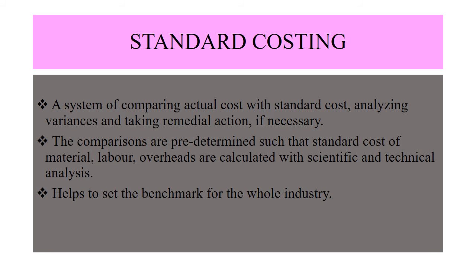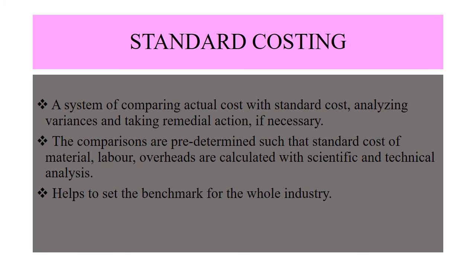Standard costing. Through standard costing, a comparison is made of the actual cost with a pre-arranged standard cost, and any deviation, called variance, is analyzed by causes. If actual costs are greater than the standard costs, the variance is adverse.